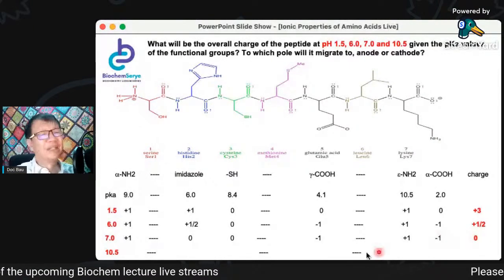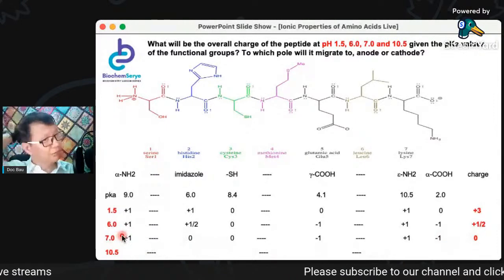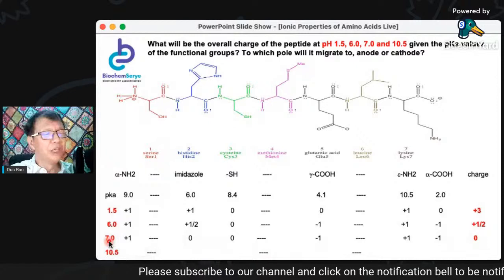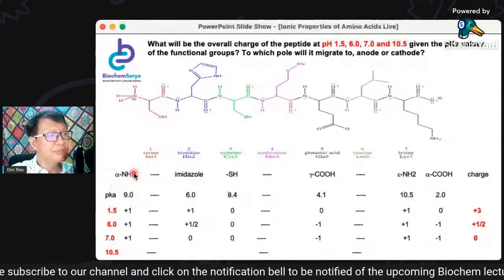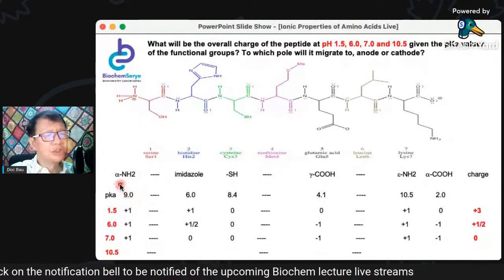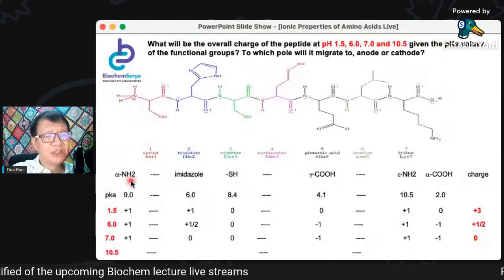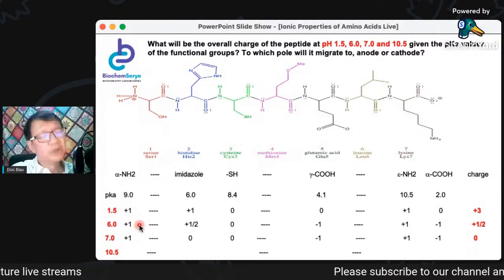Next, if we increase the pH to a very high 10.5, look now, your pH has already surpassed the pKa of your alpha amino. So your alpha amino will deprotonate. Instead of being NH3, it will now become deprotonated NH2 without a charge.